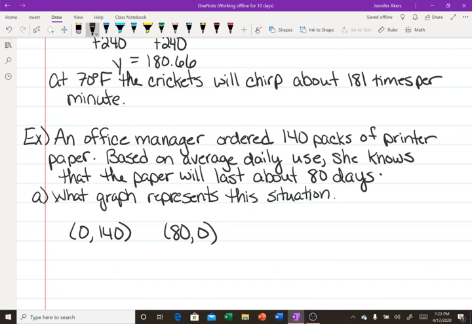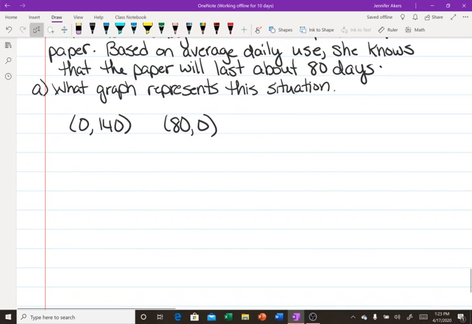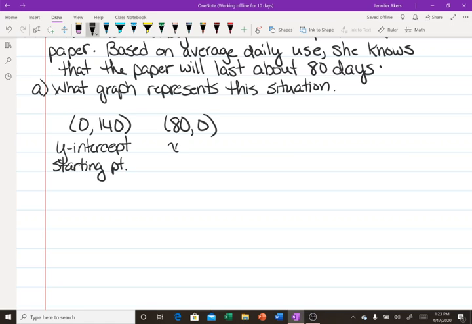What graph represents this situation? So we know our y-intercept, which is our starting point, and we know our x-intercept, which in this case is our ending point.